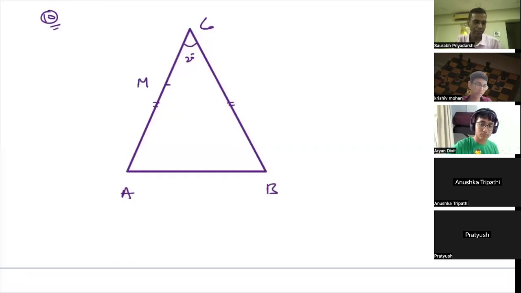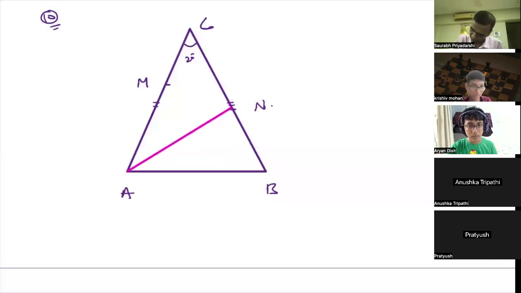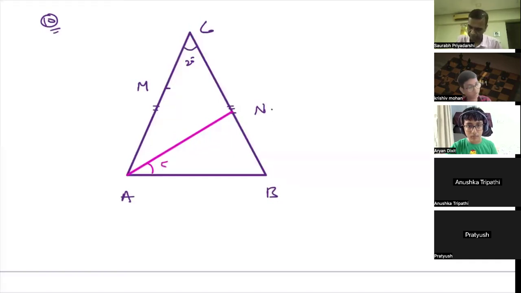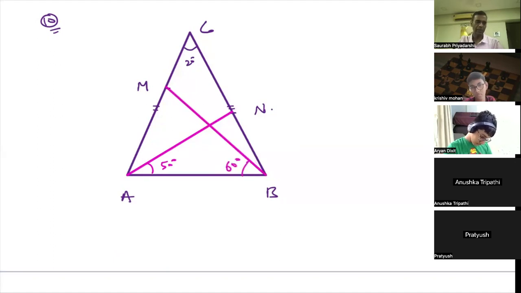M is on AC and N is on the side BC such that angle BAN is 50, and angle ABM is 60 degree.